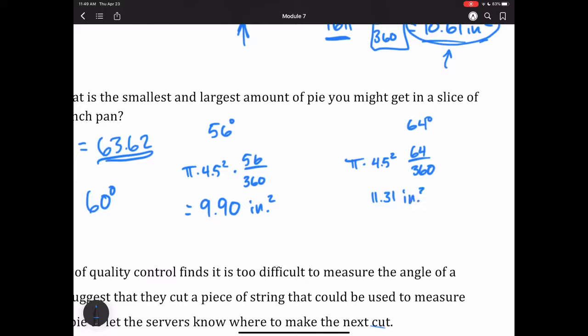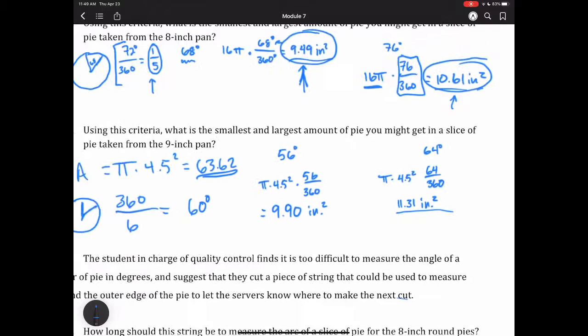So this mistake has made even bigger of a difference, right? It's 1.41 inches squared of a difference, where even above, it wasn't quite that drastic in the 8-inch pie, but we're getting a huge, much bigger slice of pie here.